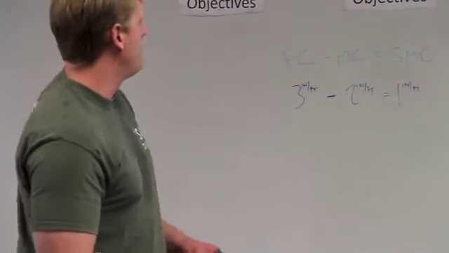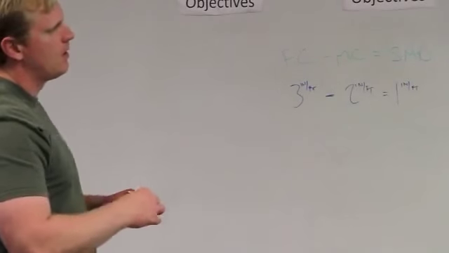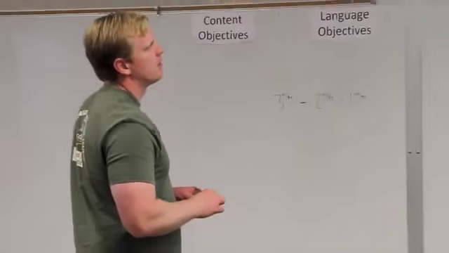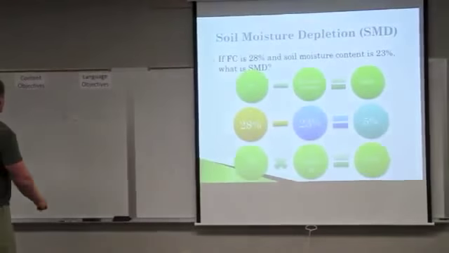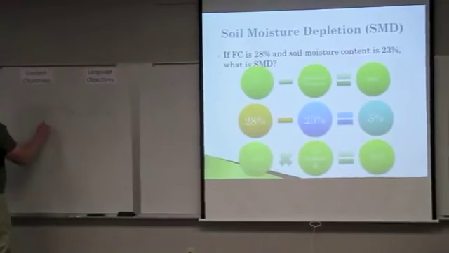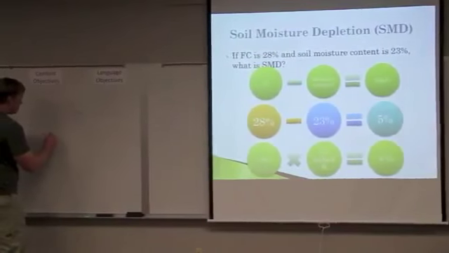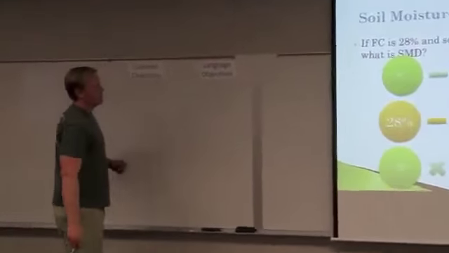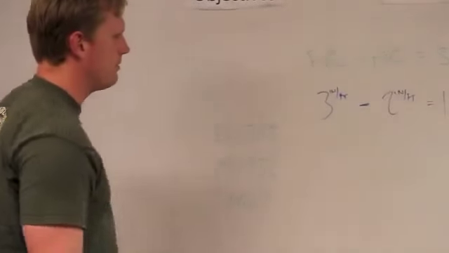So just a quick example here: field capacity is equal to 28% and our moisture content is equal to 23%. We want to solve for our soil moisture depletion.